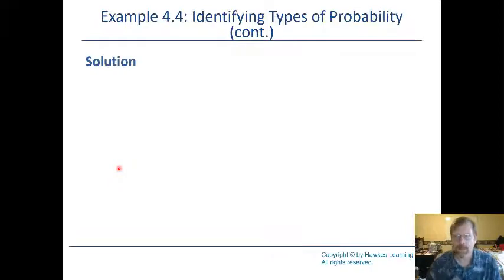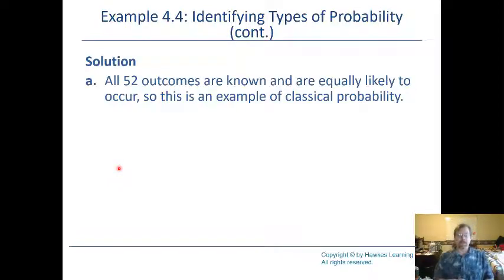So, in part A, pulling out a single card, we know that there are 52 cards. Assuming it's a standard deck, we know what each of those cards are. Well shuffled means each should be equally likely to occur, so this is a classical probability.